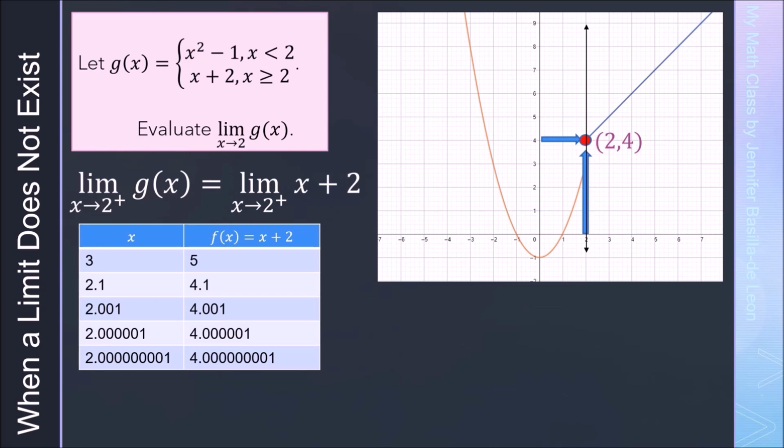Use your scientific calculator and verify the values that you see. Looking at the table, we can conclude that as x approaches 2, the function approaches 4. Therefore, the limit of x plus 2 as x approaches 2 from the right is 4.